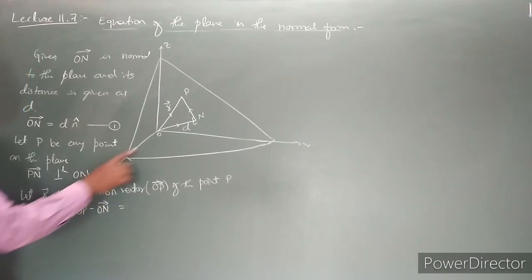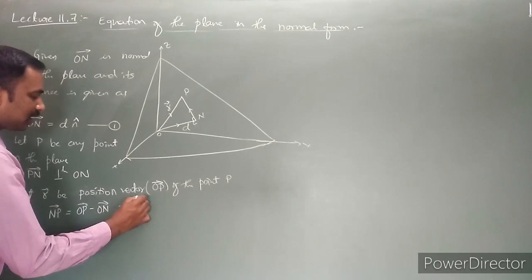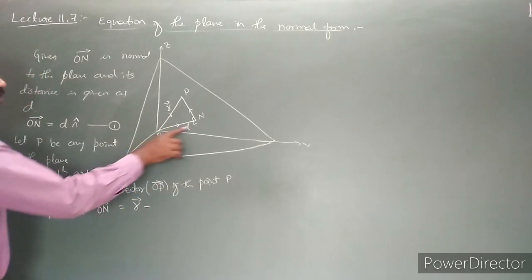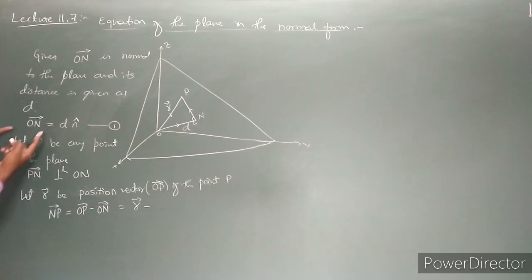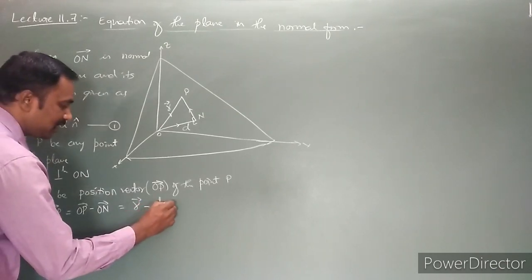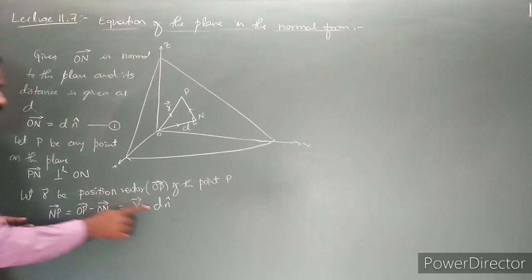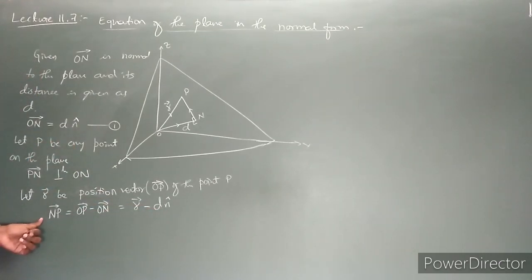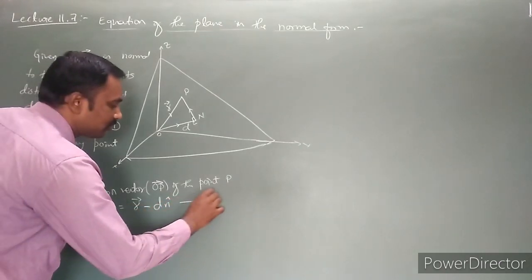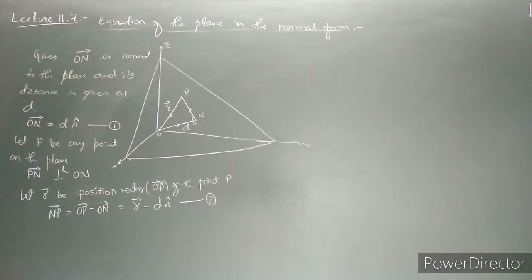What is the OP vector? OP vector is nothing but R. What is the ON vector? ON vector I already mentioned here: d into n cap. So ON is equal to d into n cap. This is the NP vector, which is called equation number 2.